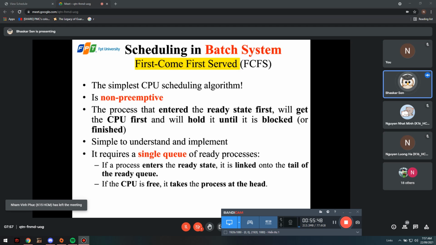No interruption from the OS. It's just like when we go to the ATM and stand in a queue. The first guy who came first will be the first person to go to the ATM, and the second guy will follow. But there is a problem, because being non-preemptive, the second guy has no choice and no option whatsoever to disturb the first guy when he's busy at the ATM.